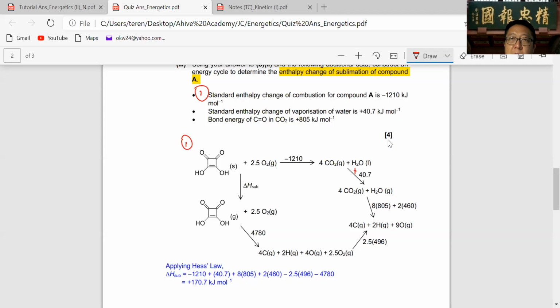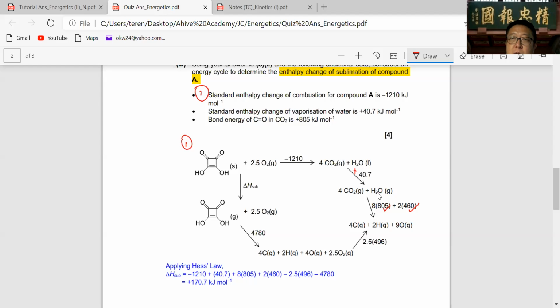After that, you have your 805 bond energy for C=O, but there are 4 of them, so times 2 becomes 8. Then 460, I think, is your O-H bond energy, times 2 because there are 2 O-H bonds inside water. You end up with this.